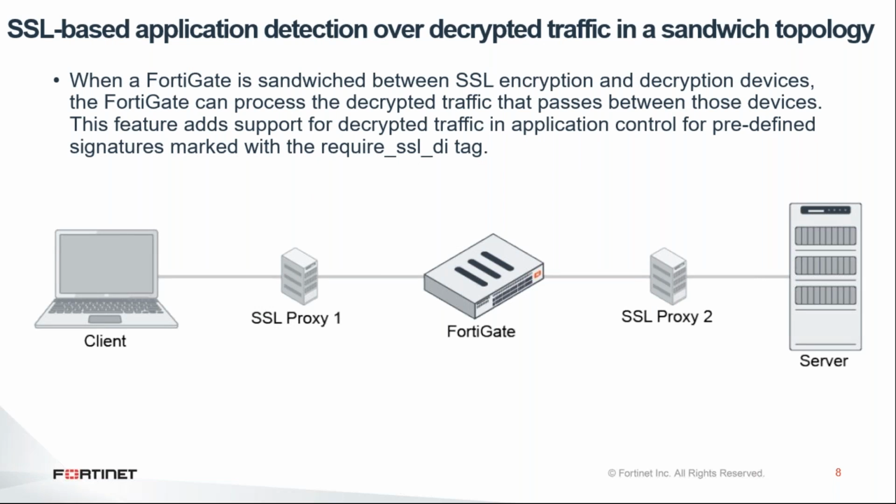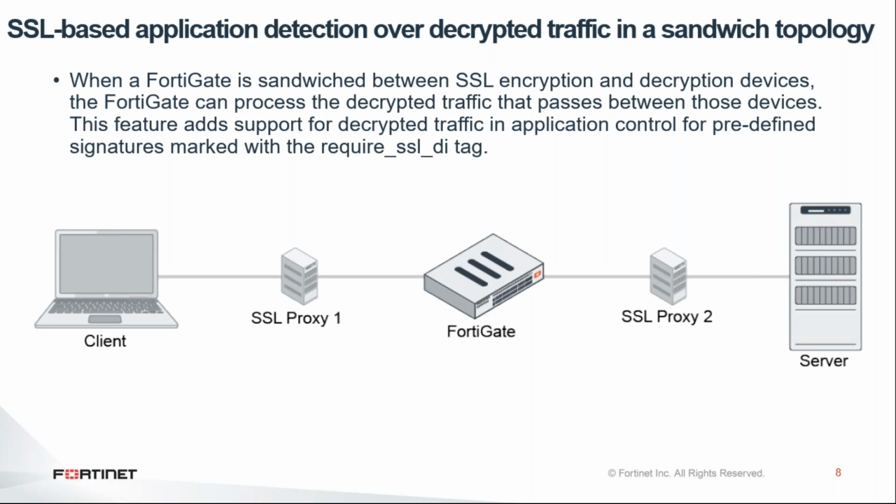Next one, SSL-based application detection over decrypted traffic in a sandwich topology. We know that our FortiGate is a nice box to do traffic inspection on SSL encrypted traffic. We have the technology on board to decrypt the traffic, see what's inside and do some actions on it, for web filtering, application control, IPS, or whatever other functionality on the FortiGate.